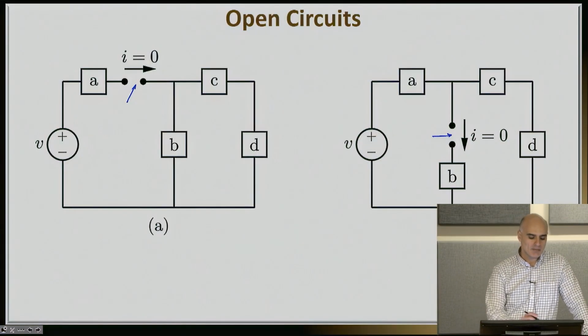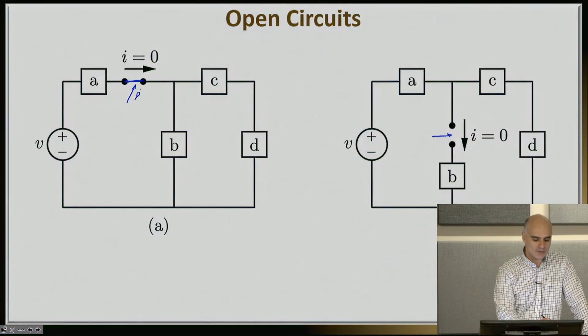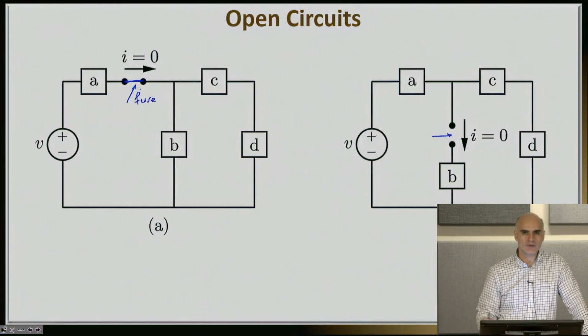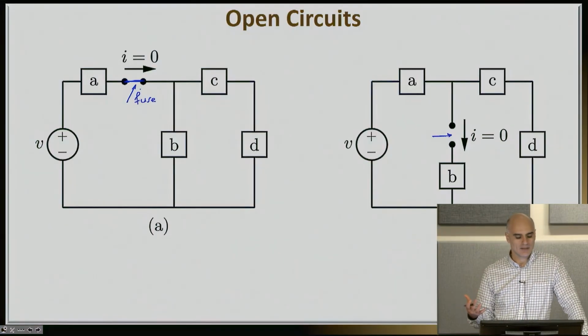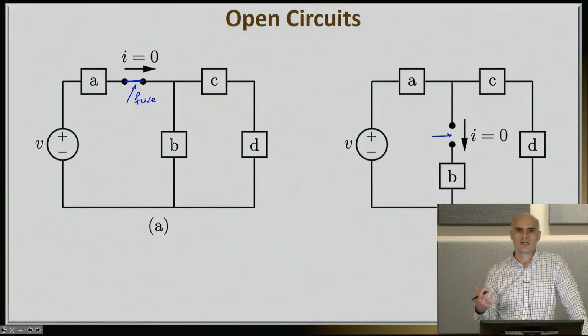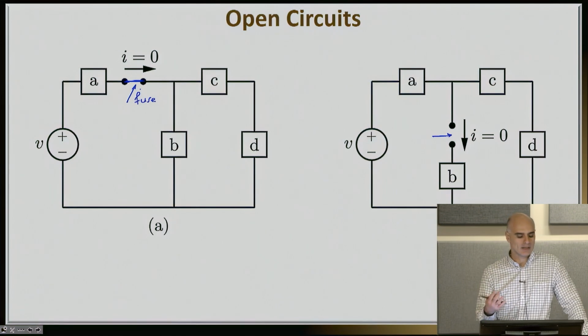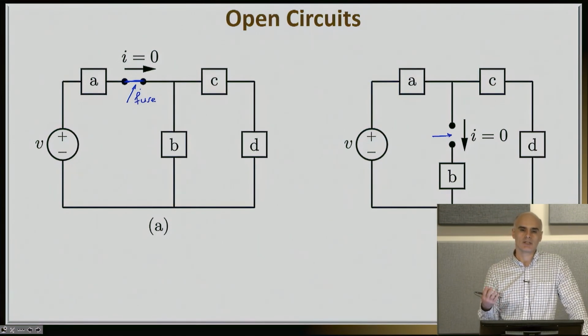For example, maybe there was actually something here. Maybe, for example, there was a fuse. What is a fuse? It's actually a device that allows current to flow as long as this current is below a threshold. If the current actually goes above a threshold, perhaps due to an accident or maybe due to lightning, that fuse will basically burn, resulting in an open circuit.